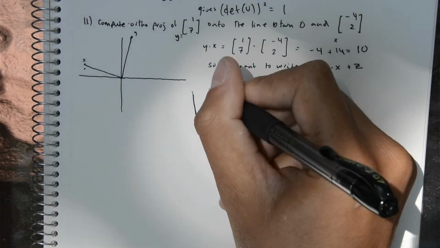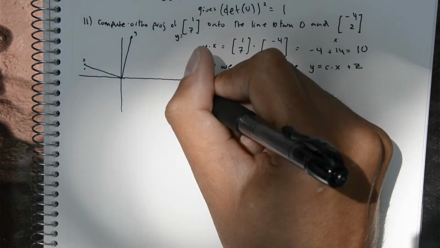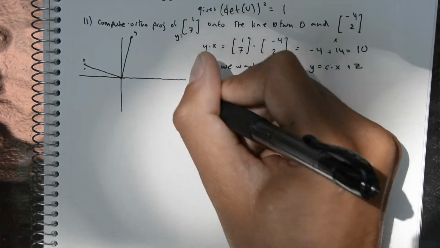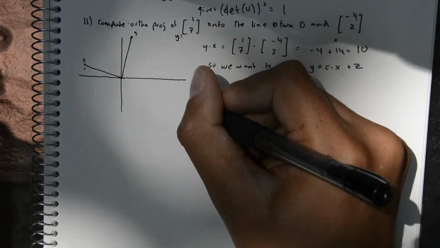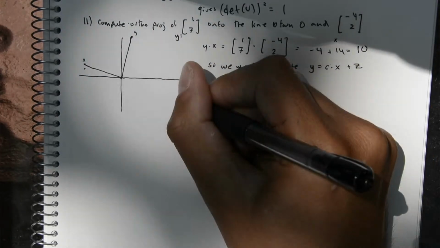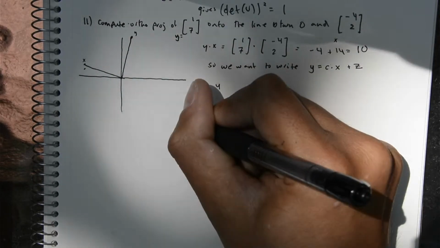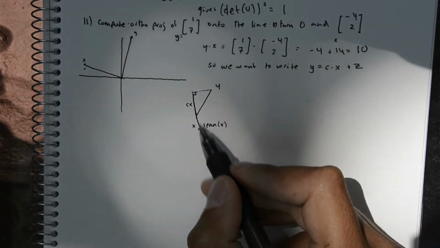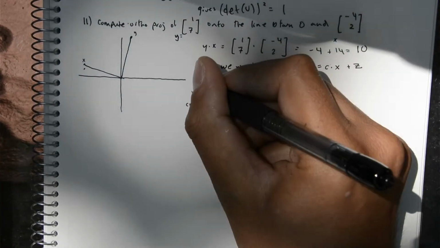Then we want to draw this. And this would be the cx, where x is, I don't know, we could even draw x out here like that. And we just find that c, because this is the span, and then this would be that z.